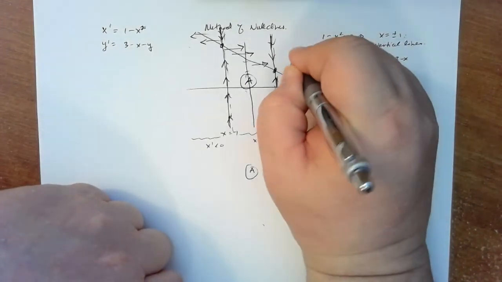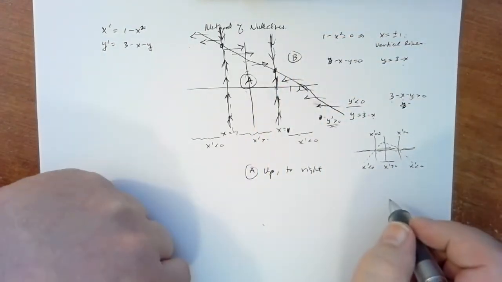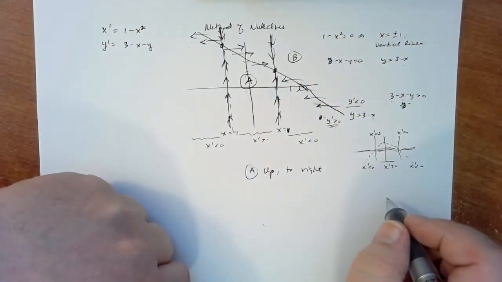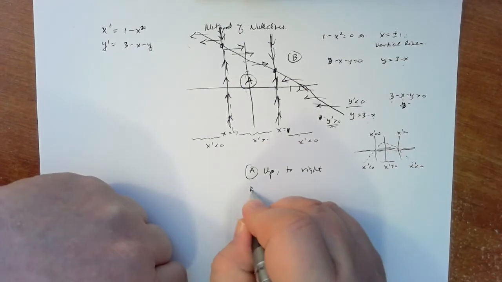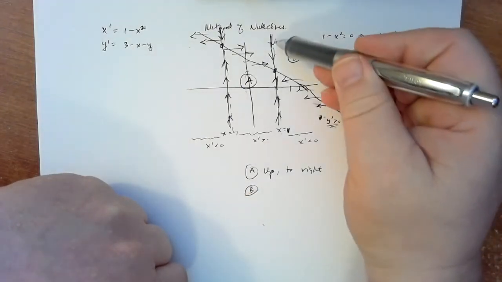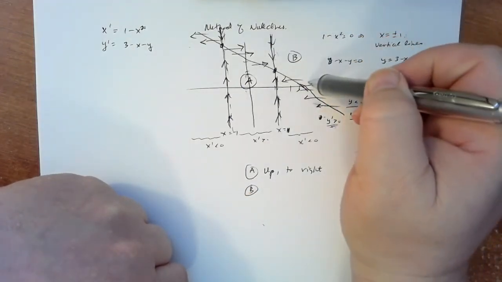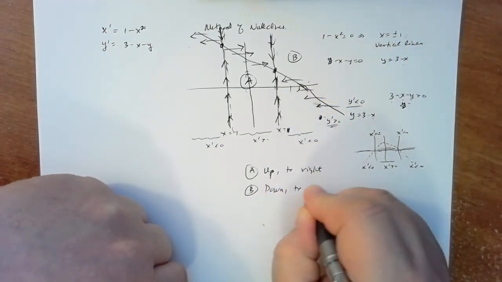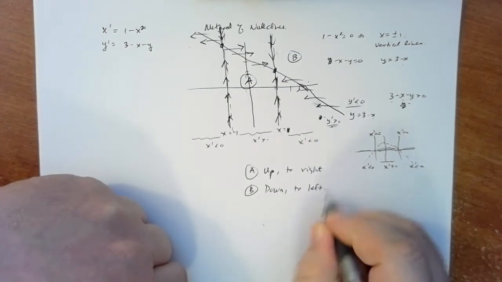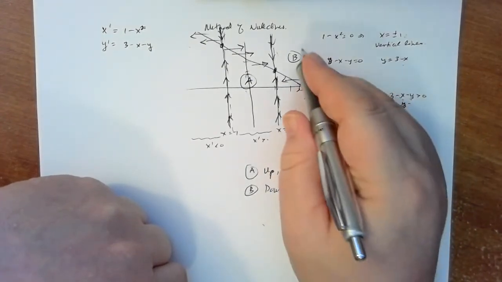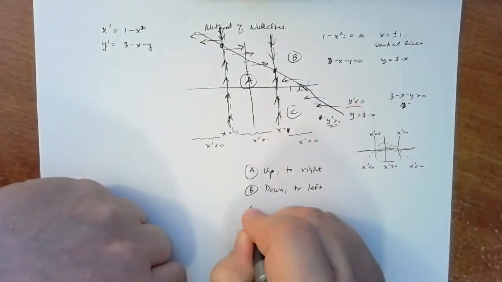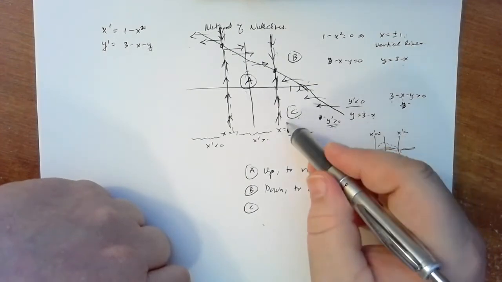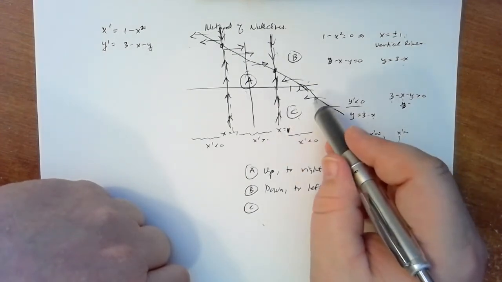How about in section B there? What would happen in B? In B, we're going to be going down and left. Good. How about in region C here? In region C, we'd be going up and to the left.